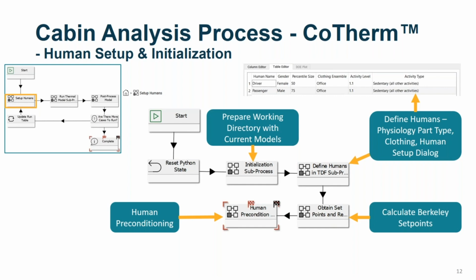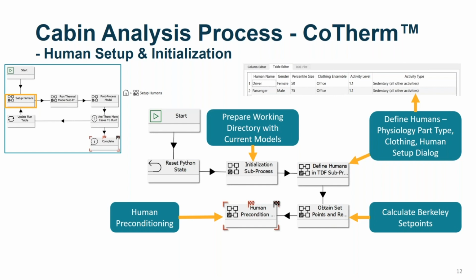So just to dive into this a little more, going into the setup humans subprocess, we see that there's multiple subprocesses here in setting up our humans. So in this example model that I'll be showing, we've got 2 humans, a driver and a passenger. And in this setup, we can define how our human is set up. So in this case, we have a female driver at the 50th percentile for weight and height, and they're in an office clothing ensemble with an activity level of 1.1 Met.